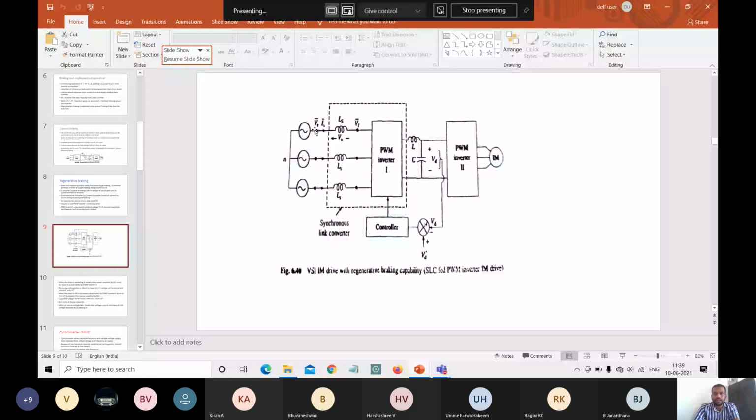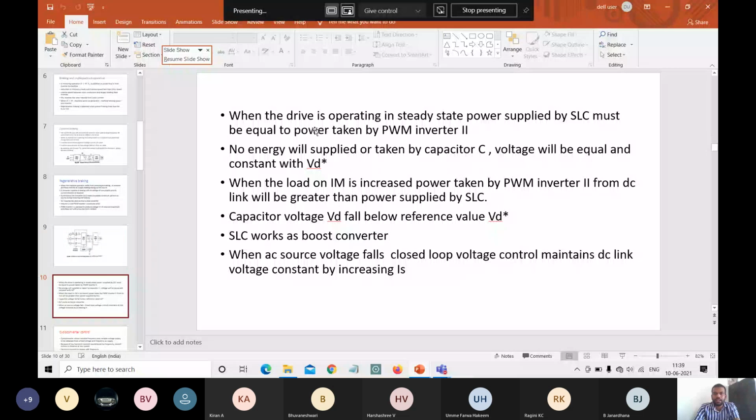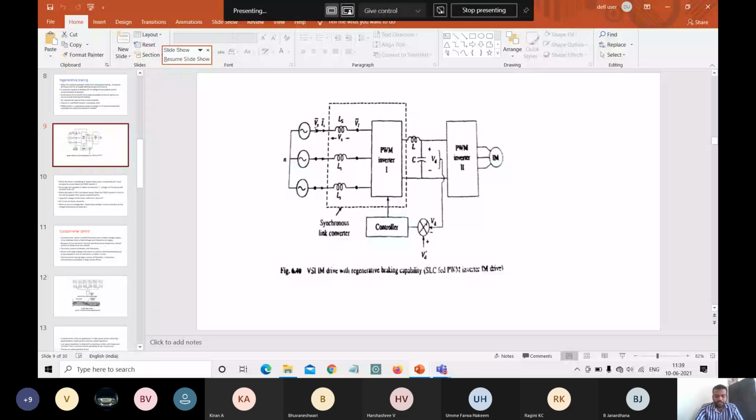Normally, when the drive is operating in steady state, the power supplied by the SLC must be equal to the power taken by inverter 2, because these two are working independently of each other.